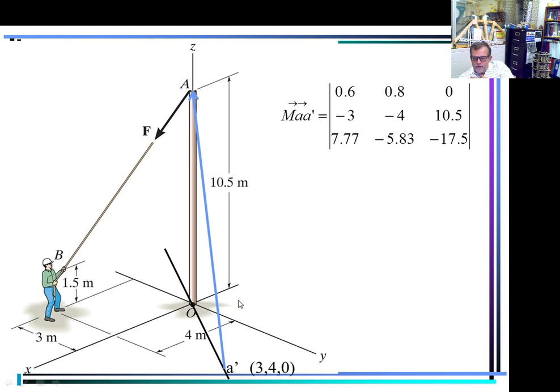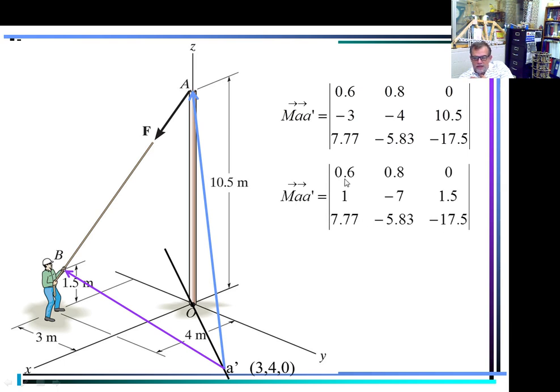Or what if I say, no, I want to do it from this point to this point, which is also one point in the axis and one point in the line of action of the force. I can do that also and calculate this R and apply the same unit vector of the axis AA prime. This is the R from here to here, and this is the force, and I will get exactly the same result.